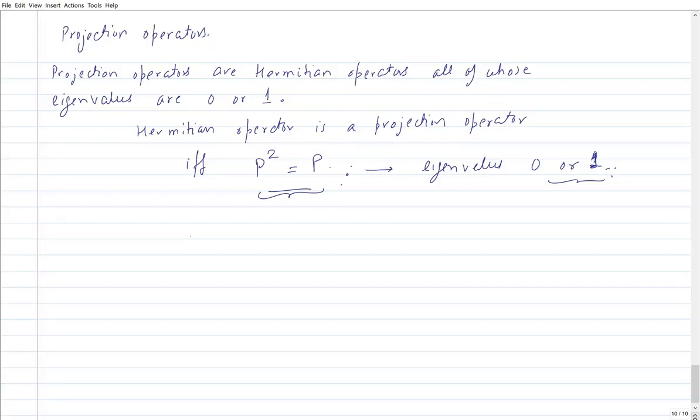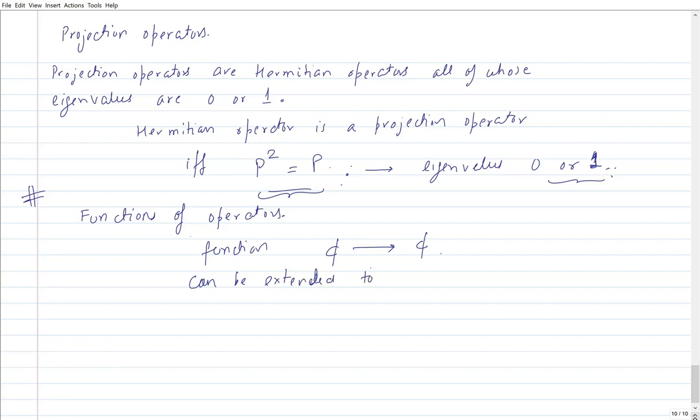Okay, so what about functions of operators? Let's say, in general, my definition of a function which takes a complex input and gives me a complex output can be extended to operators. I take an input and I get an output.